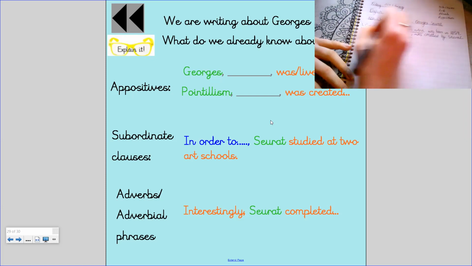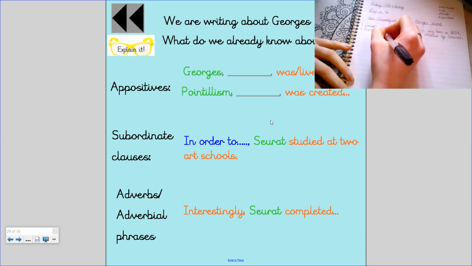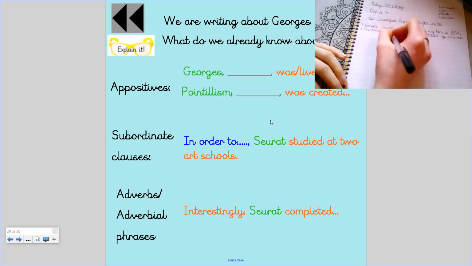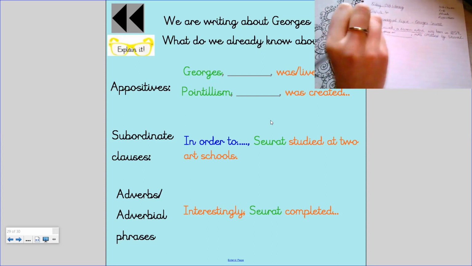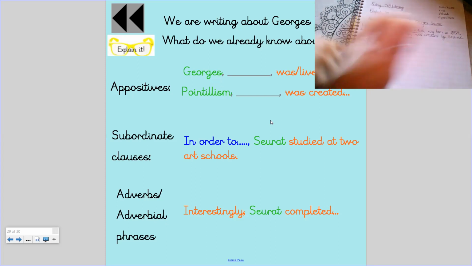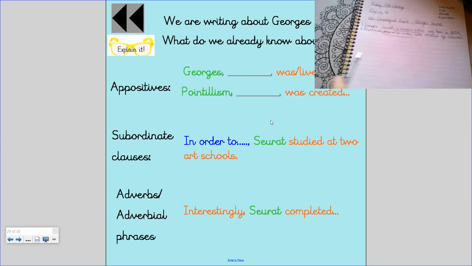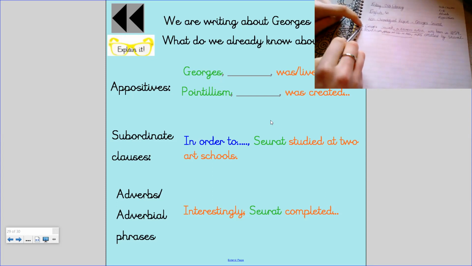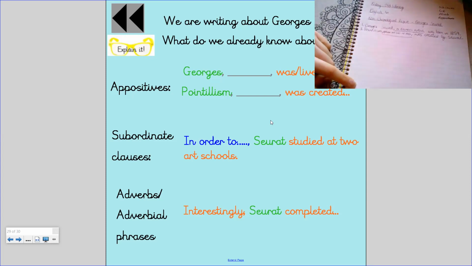So I'm going to put pointillism, painting. Oh no, painting is a verb. We can't have that. Nope. With, I'm just going to put lots of dots. I could make that sound a little bit better, but I will have a think about that. Pointillism, lots of dots, was created by Seurat. There we go. So I've got my 2 appositives, 1 for paragraph 1, 1 for paragraph 3.